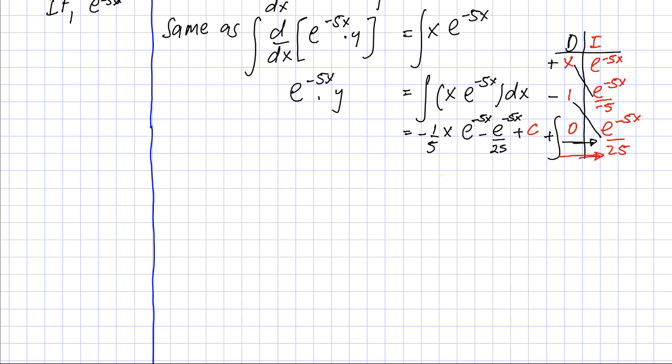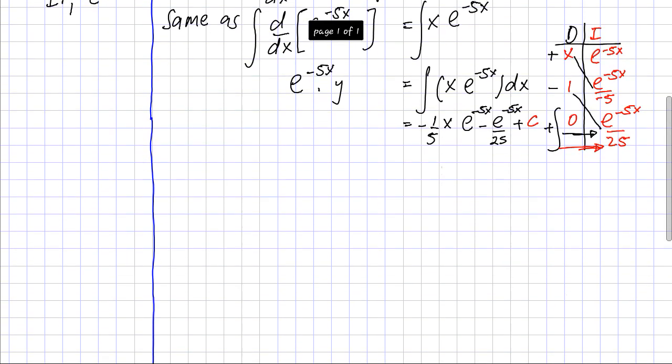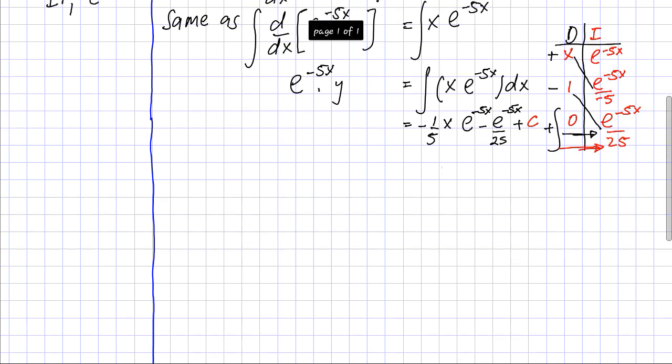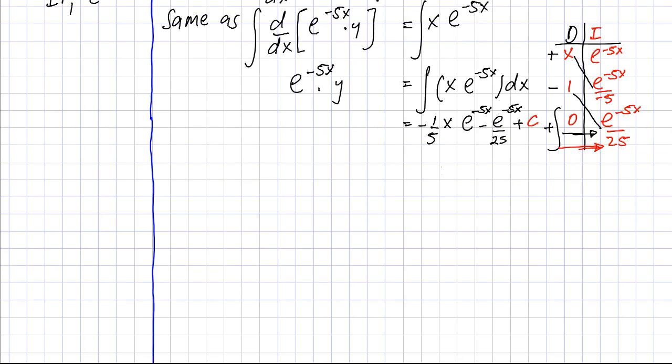So the next thing we do, okay, let's choose a black pen. Step number 4: we solve for y. How do you solve for y?